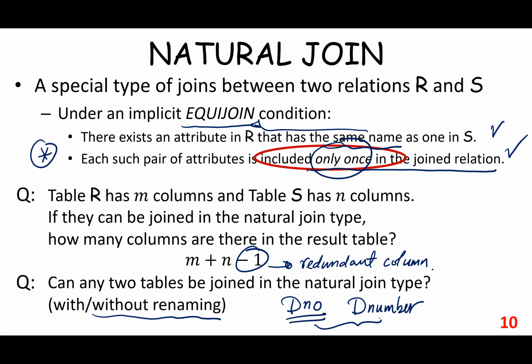Because they refer to the same object, we should allow an equijoin between these two tables. But with different names, we cannot use the implicit natural join directly. So you need to do renaming. After you do renaming and make these two the same name, then you can do the natural join.